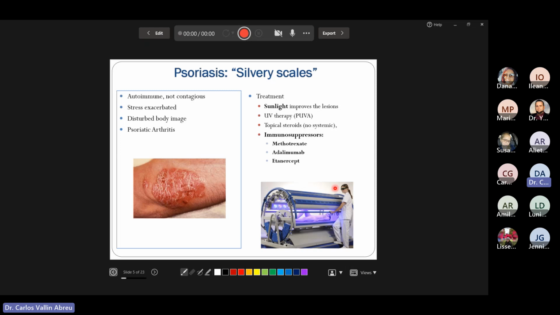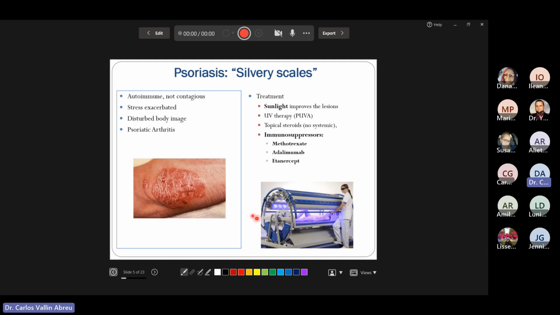Paradoxically, sunlight is beneficial for those clients. We know that we should avoid excessive sunlight because of the risk of skin cancer, but in the case of psoriasis, occasional exposure to sunlight is beneficial and will produce improvement.